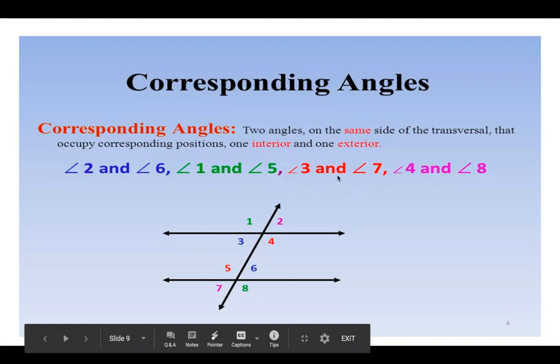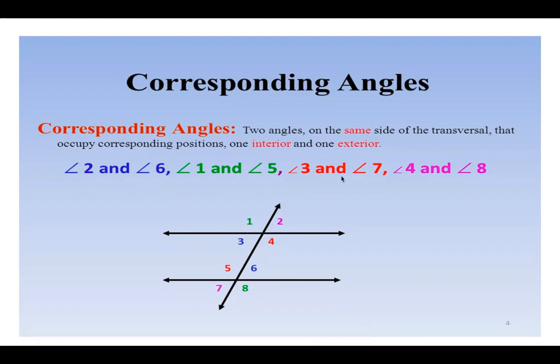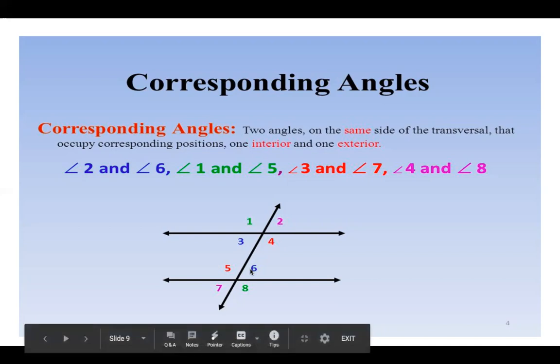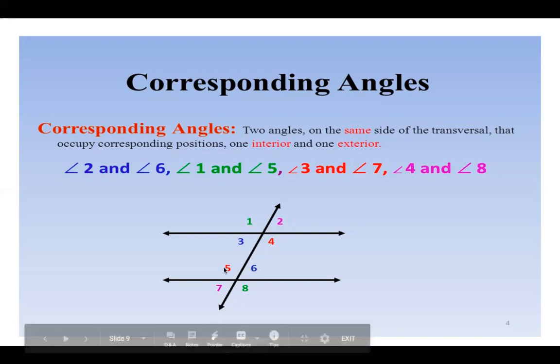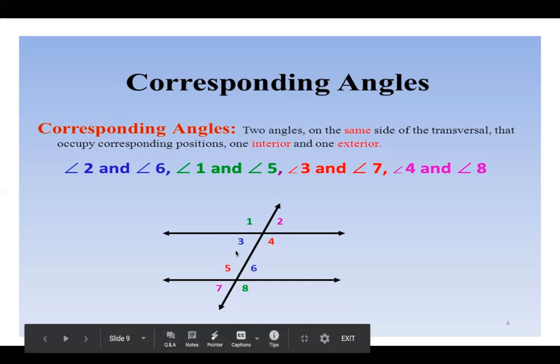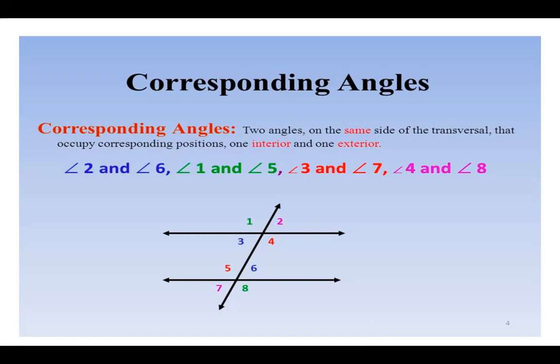So those pairs of angles are corresponding angles, which are also congruent. Remember, try to understand what a corresponding angle is and how it works, and if you can point out pairs of them, that's good. If you know it, just memorize and understand it. You will use it when you do proofs or structure something, all right?